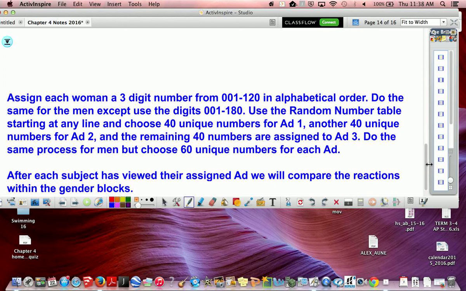So I'll pick 40 unique numbers for add 1, 40 for add 2, and the remaining 40 numbers get assigned to add 3. That's for the women. Notice how I just say do the same process for men, but choose 60 unique numbers. That way I don't have to write the whole process over for the men.